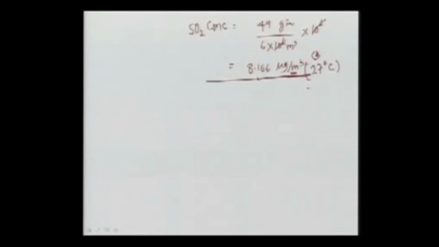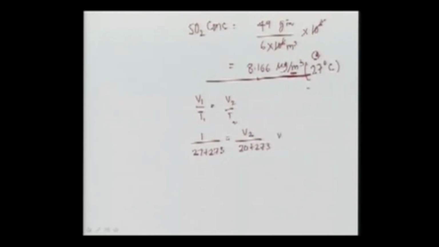Again I follow the method V1 upon T1 equals V2 upon T2. V1 is my 1 meter cube, at temperature 27 plus 273, and the volume I want to find is at 20 plus 273.